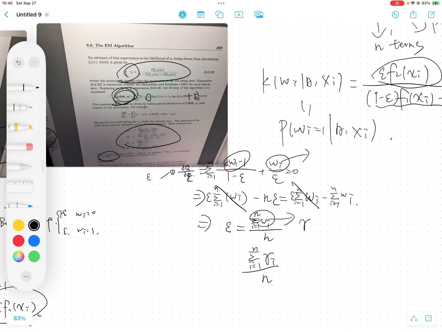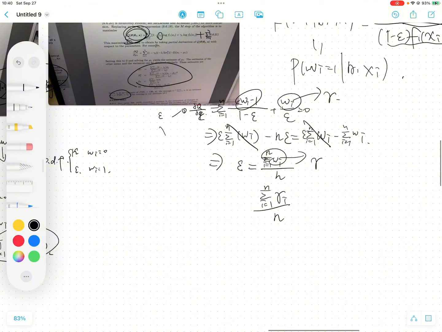Here I wrote it mistakenly, it's just a gamma. Or we could estimate this epsilon using the MLE of Bernoulli, which we know is just this, right?